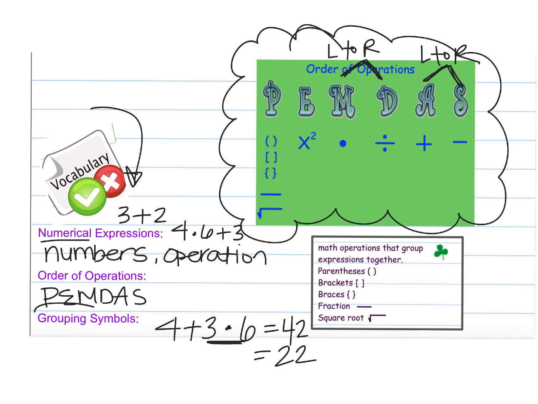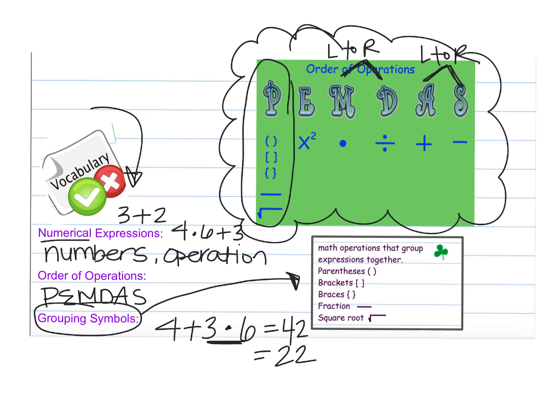And then grouping symbols are going to be things that are used in the parentheses part of order of operations, which include parentheses, brackets, braces, fraction bars, and square roots, which we will talk more about when we go through our examples.